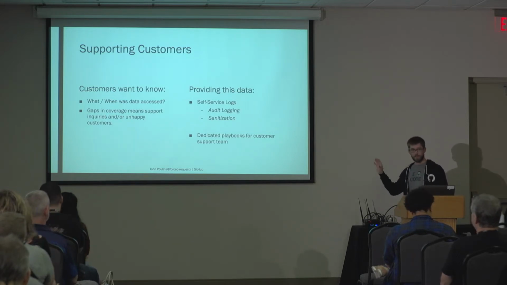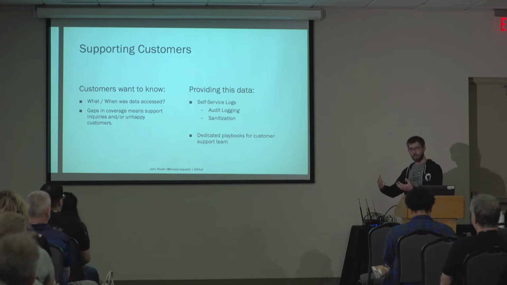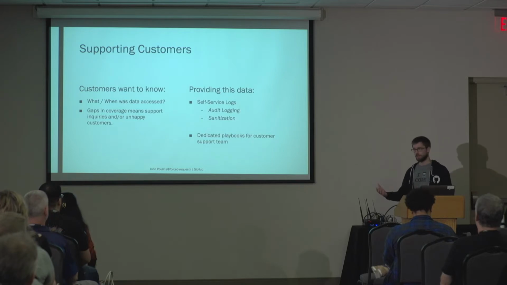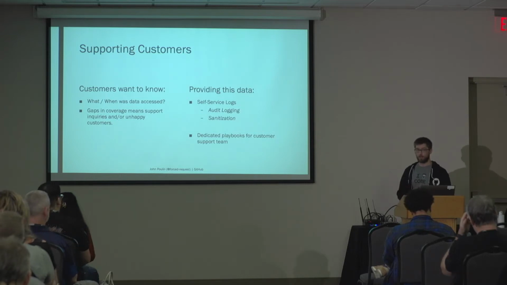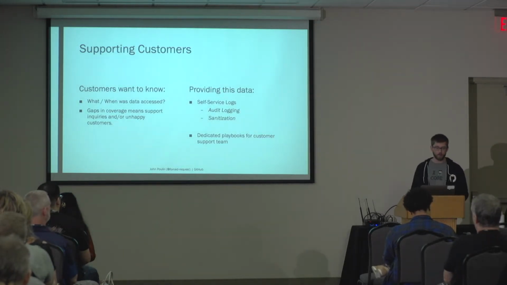Now, the flip side of this is, as soon as you provide a mechanism for self-servicing, you need to think about the data that's being surfaced there. Sanitization comes to mind. So if you're logging things like user IP addresses, should you be disclosing those to customers in a self-service manner? Probably not, right? But that's something you have to think about.